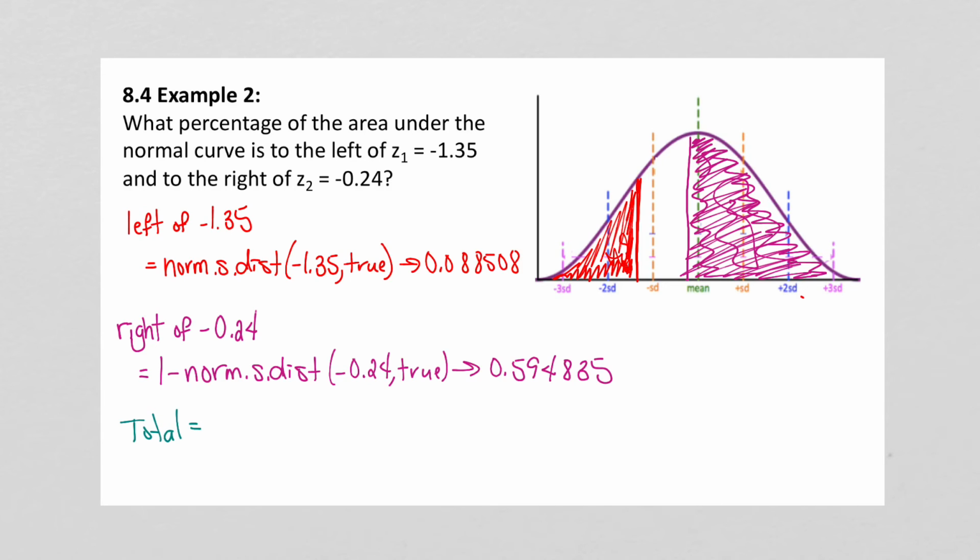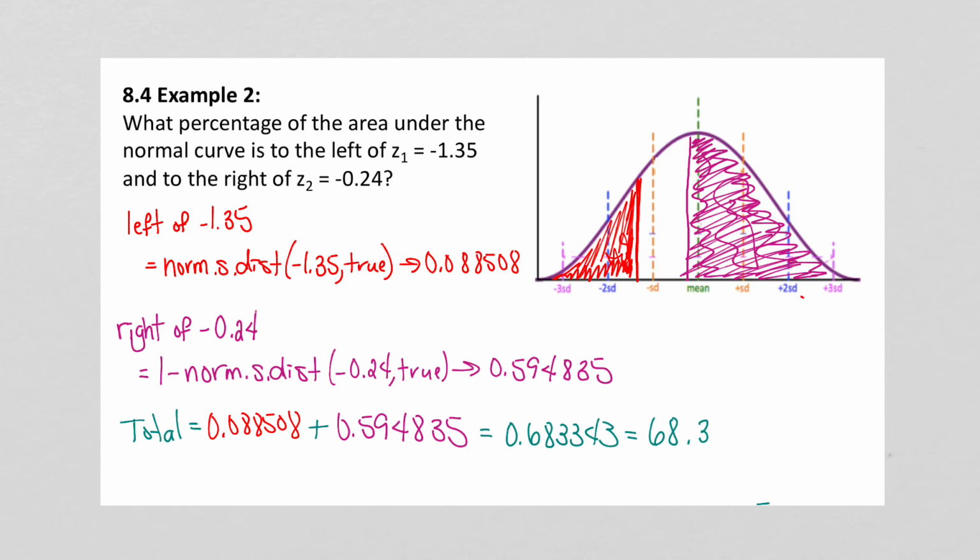Our total would be 0.088508 plus 0.594835, which is 0.68343. Changing that to a percent with two decimal places, 68.33% of the data is to the left of the first z-score and to the right of the second.